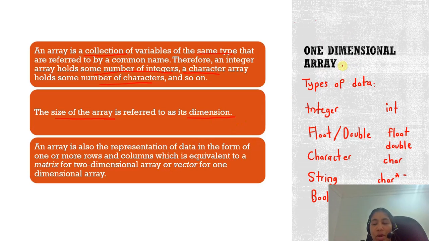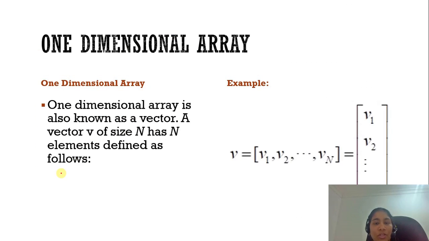A one-dimensional array is equivalent to a vector, and a two-dimensional array is equivalent to a matrix. Let's move on to the one-dimensional array, which is also known as a vector.